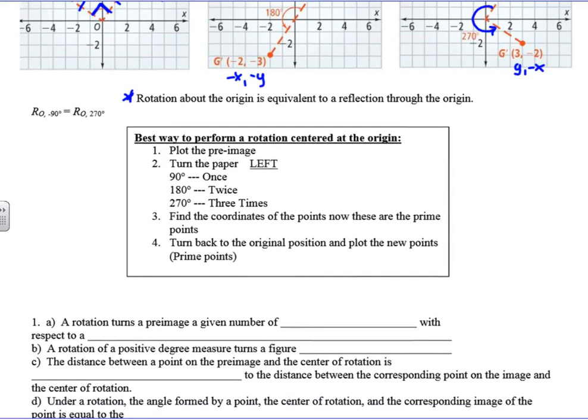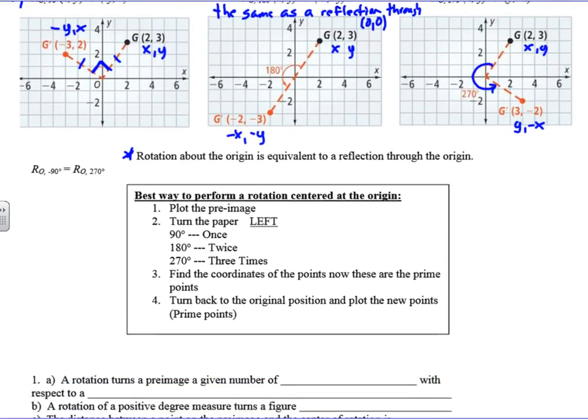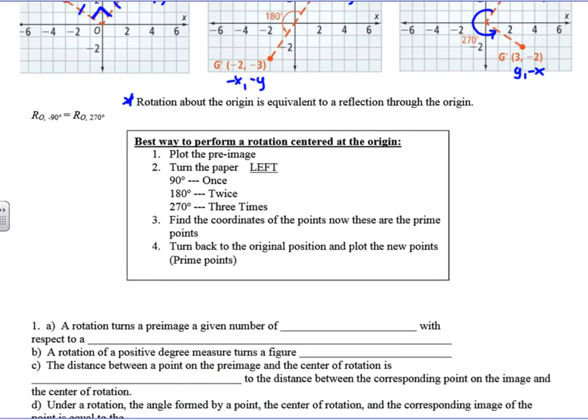It's something that I'll show you in class, but instead of remembering these rules, the easiest way to do this is to plot the pre-image, and then you just turn the paper left once if it's a 90-degree angle, twice if it's 180, three times if it's 270, and you find the coordinates of the point now. These are the prime points, and so then you turn the paper back to the original position and plot the new points.